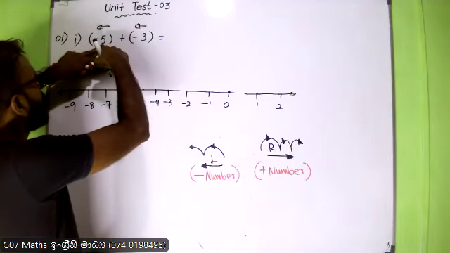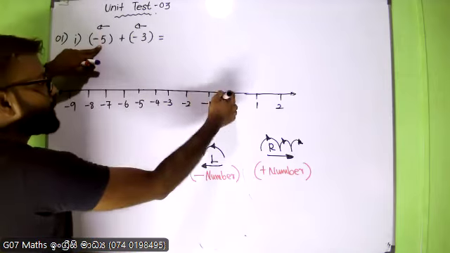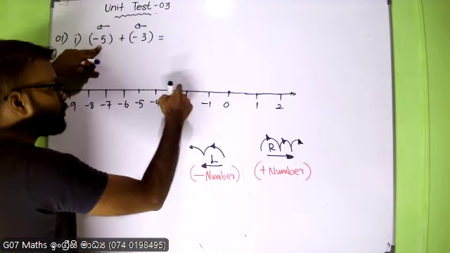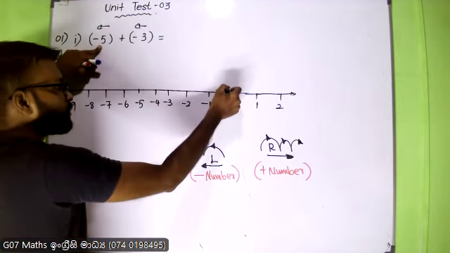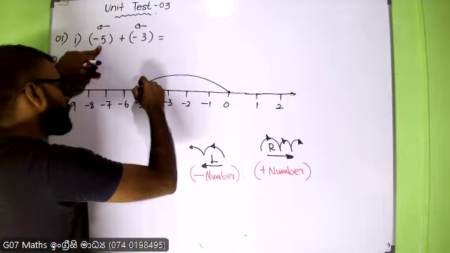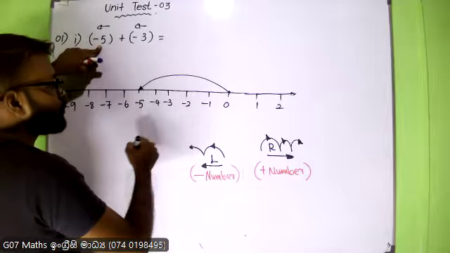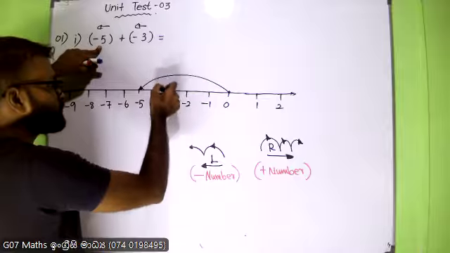How many units do I need to jump to my left hand side? 1, 2, 3, 4, 5. So I have jumped 5 units. Or else you can jump like this.